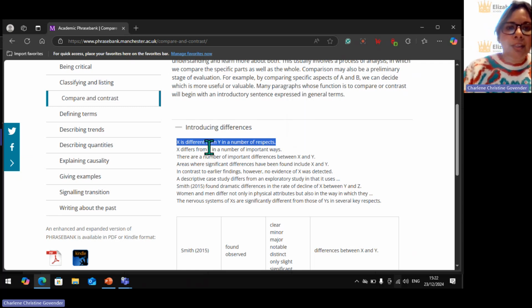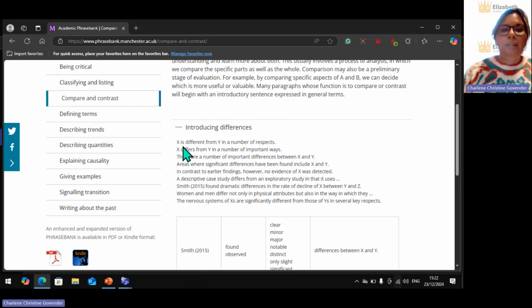X can represent males. Males are different than Y, which will be females, in a number of respects, okay? So this is a different topic, and that's a different topic. So when you see X and Y in your phrases, they are just placeholders for different topics.